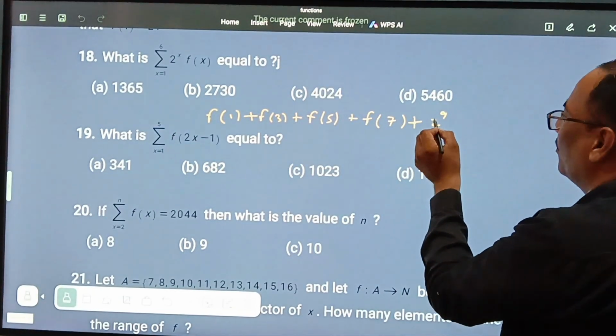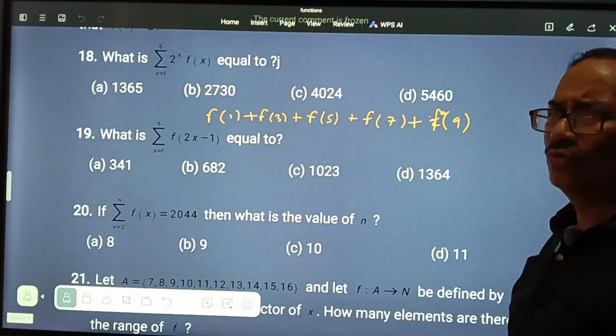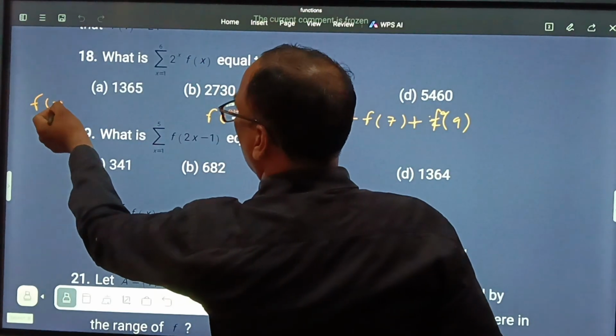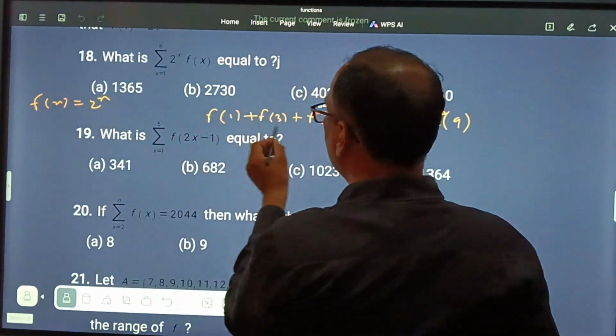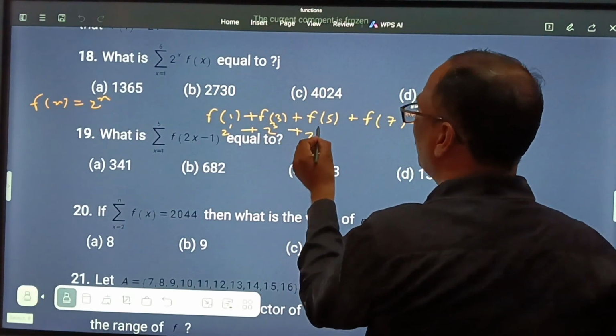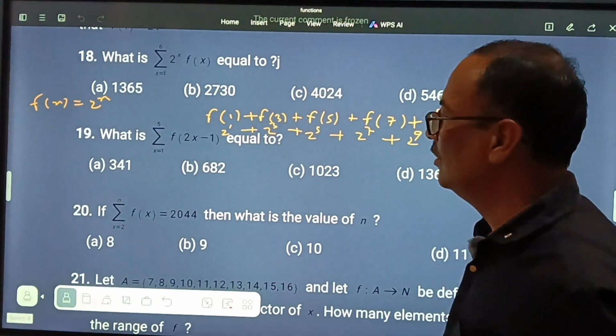This is f of 9, actually f of 9 is this, and we know very well the function is 2 raised to power x. So this is 2 raised to power 1, 2 raised to power 3, 2 raised to power 5, 2 raised to power 7, and 2 raised to power 9 also.